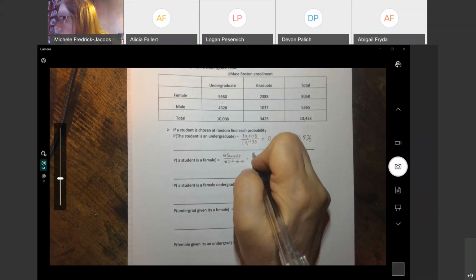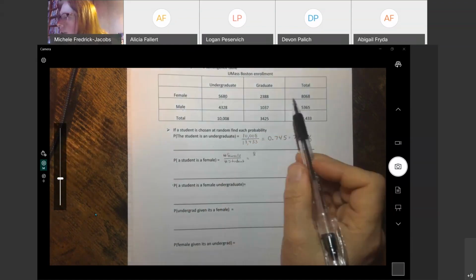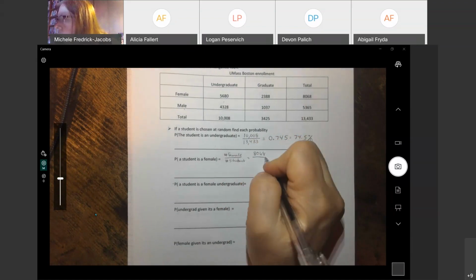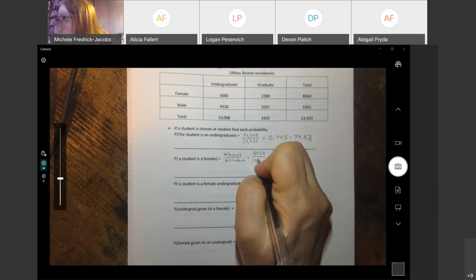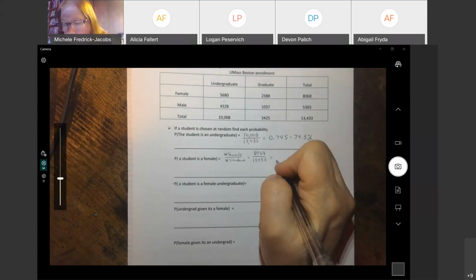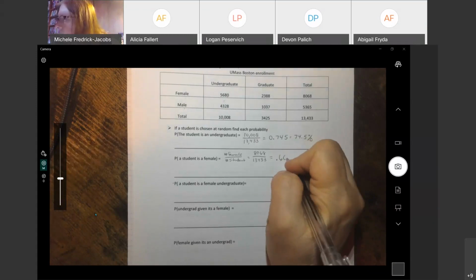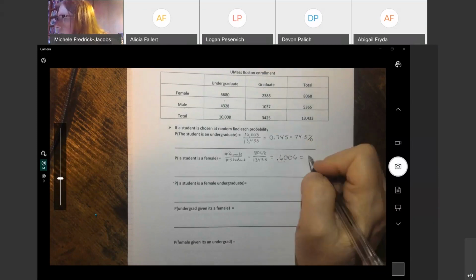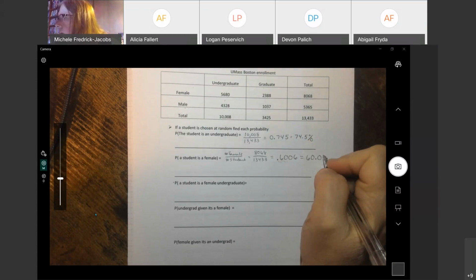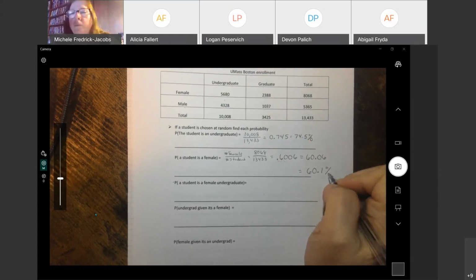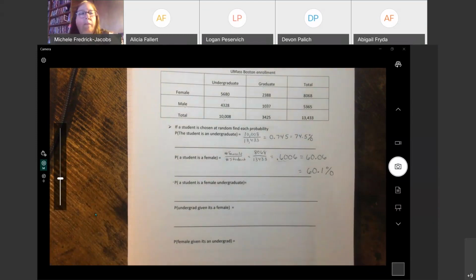And there were, we go across, females, 8,068 divided by the total, written as a decimal point 6006. Move it over 2 to make it a percent. And if we go one decimal place, 60.1. Any questions on that one?